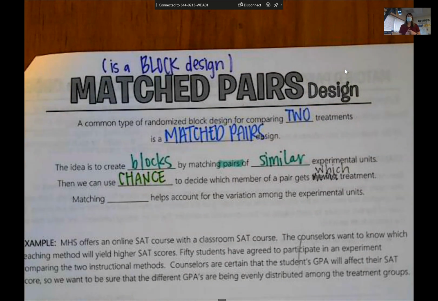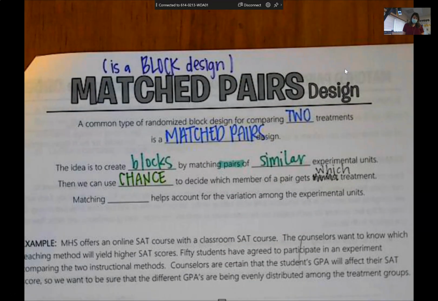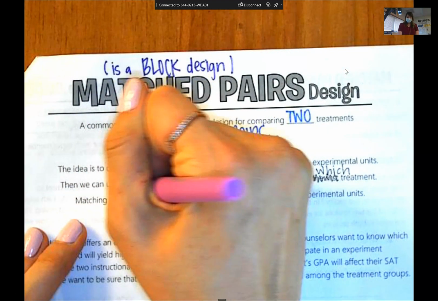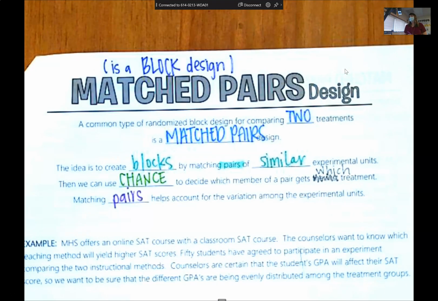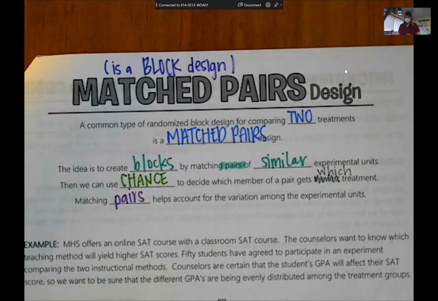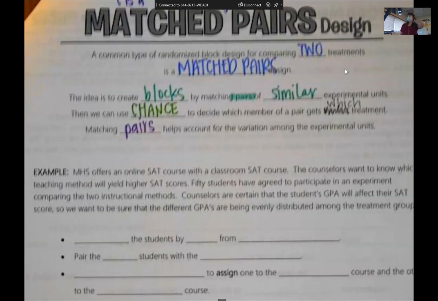So we're going to pair two experimental units together and assign each one to one of the two treatments. Matching pairs helps us account for the variation among experimental units. And that will make more sense when we look at this example about, once again, the SAT course.